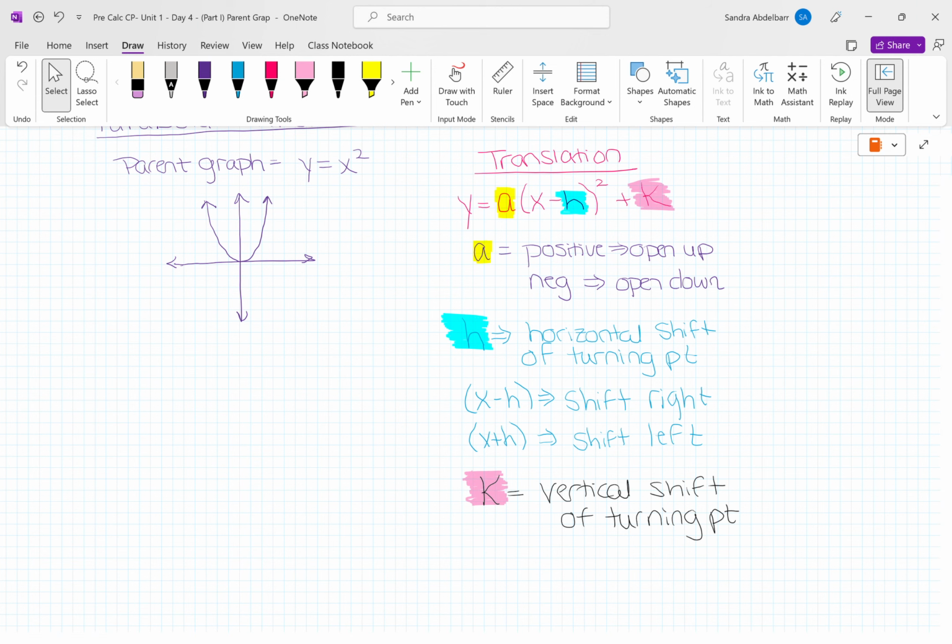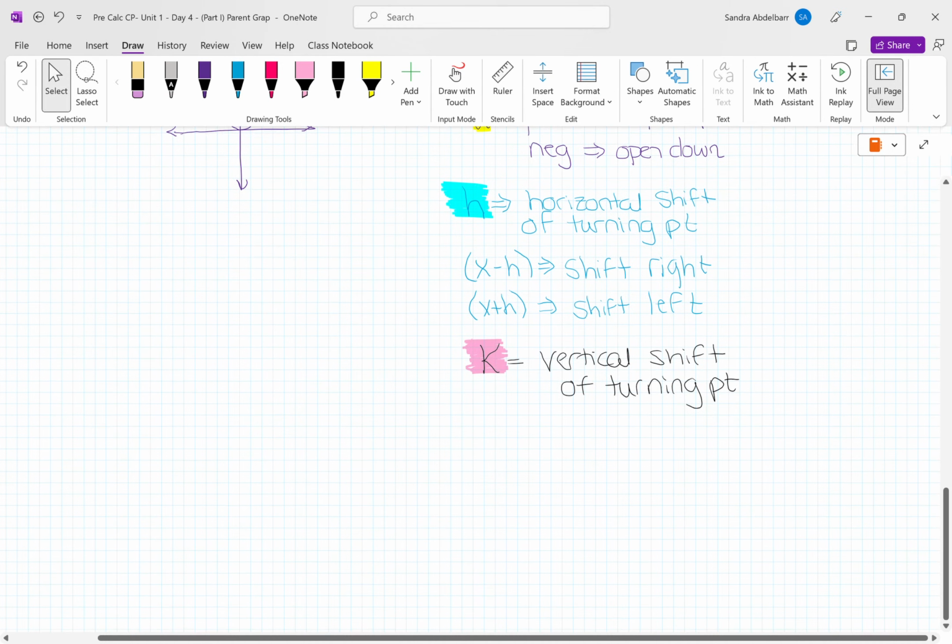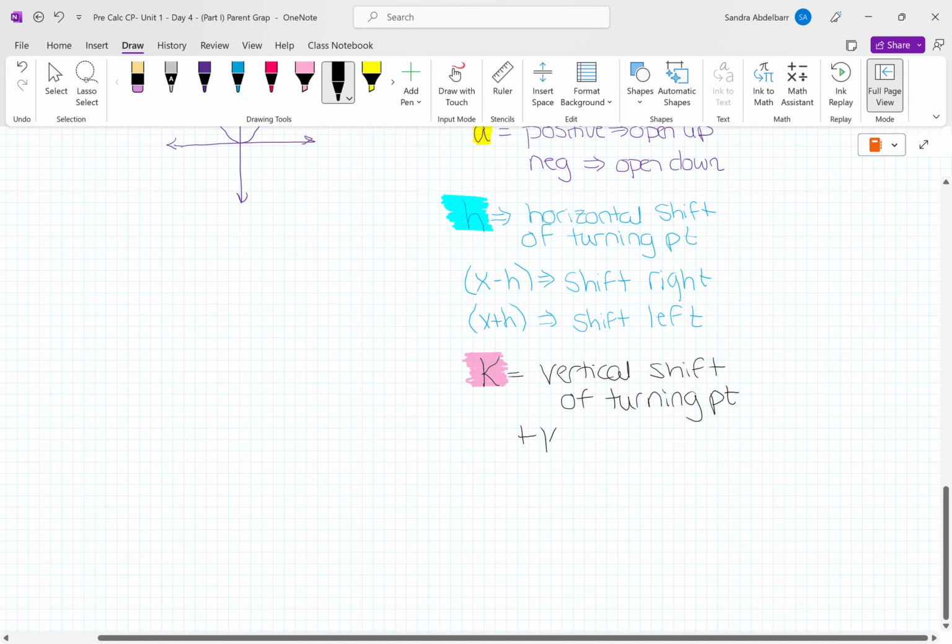But now look in our formula equation, it's a plus k. So if it's plus k, you go up, and guess what? If it's minus k, you go down. So plus k, you go up, minus k, you go down.